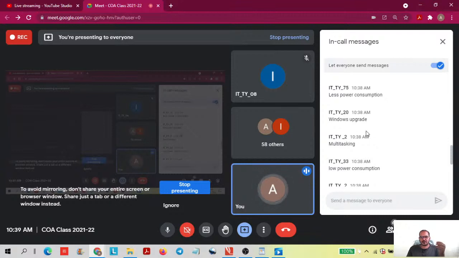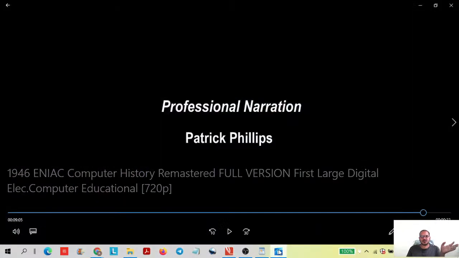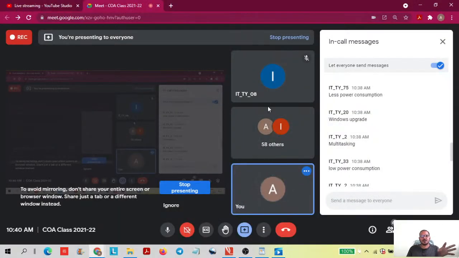Around 60 people are in this classroom, and we are communicating with video and audio connections, and along with that I can do multiple tasks. In this class I opened this PDF, this video file, and this browser. Multitasking is going on.